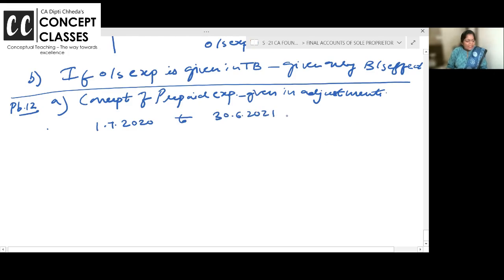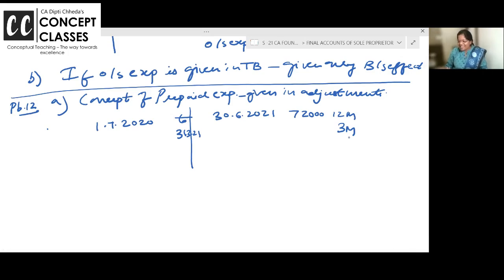You have paid annual insurance 72,000 for 12 months. Their cutoff is 31st March 21. So 9 months, July to March. 3 months of next year you also paid now. Can you debit next year's expense now? No. Who told you no? Matching rule, accrual concept. So for 3 months how much? You should also write the way I'm writing and draw the diagram.